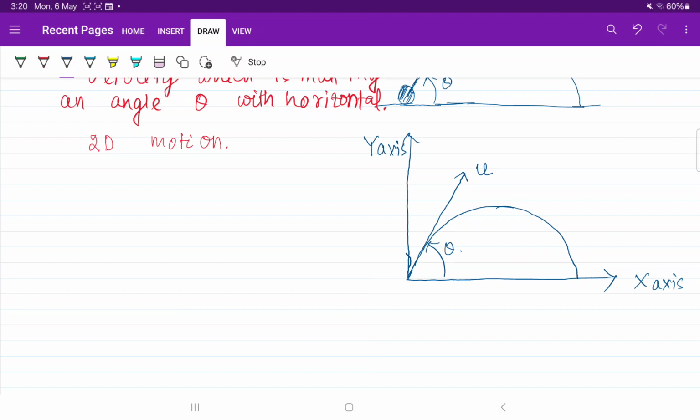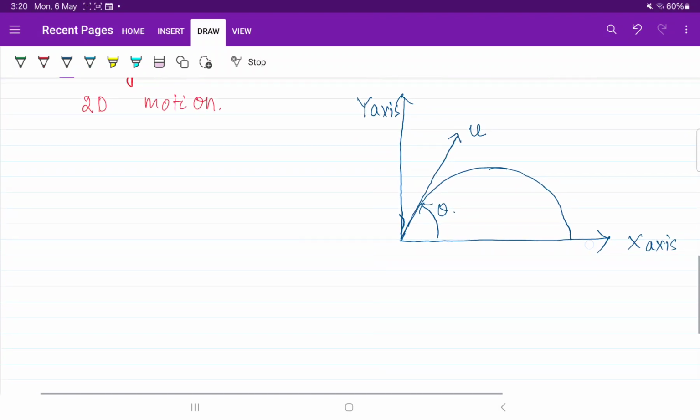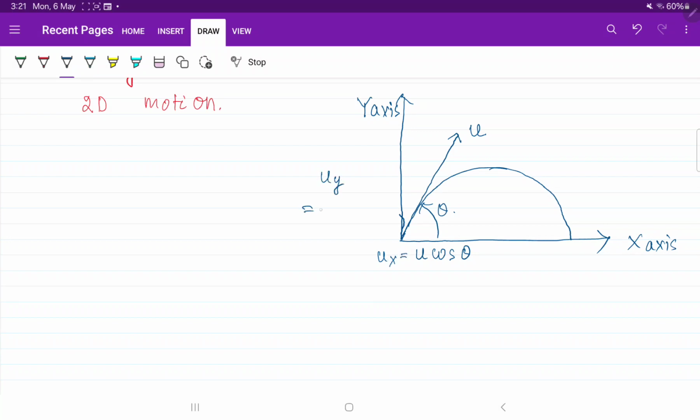As we have previously discussed from the vector resolution in the chapter of scalar and vector, any vector in two dimensions can be resolved into two components, one horizontal and another vertical. The horizontal component is ux equal to u cos theta, and the uy component will be u sin theta.